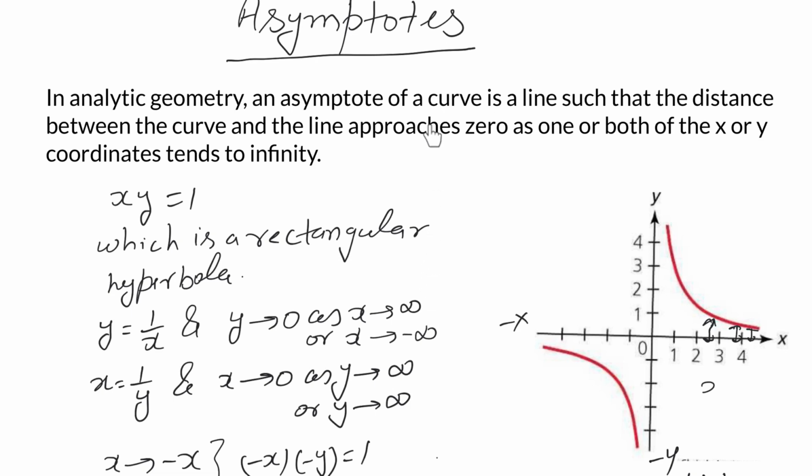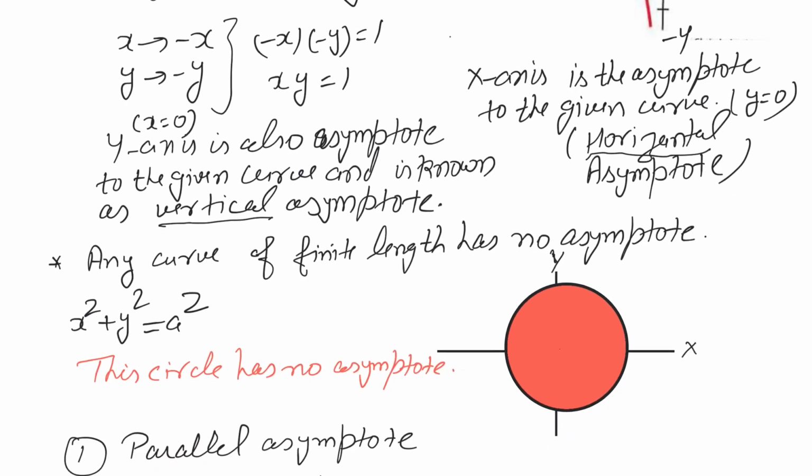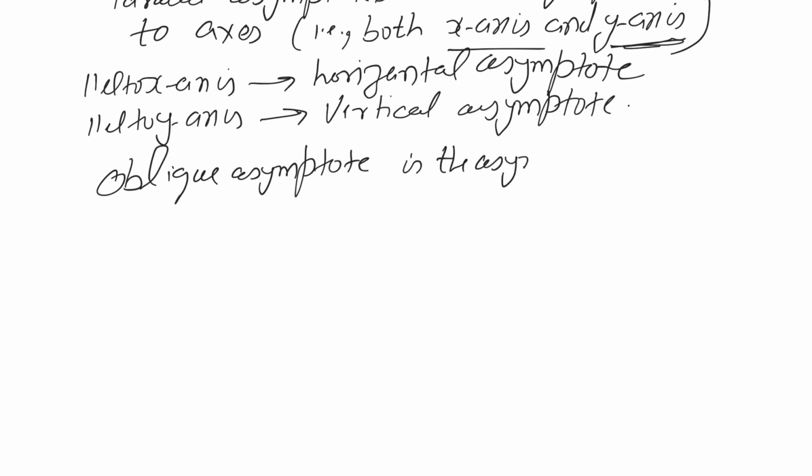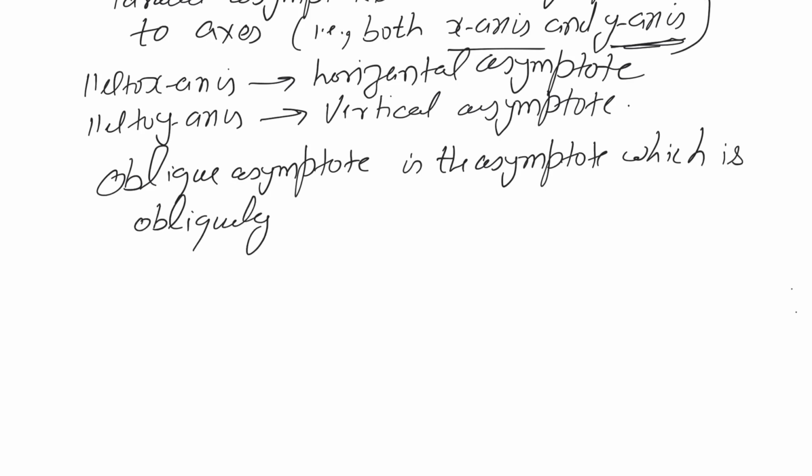Now next we shall see what is the oblique asymptote. Oblique asymptote is the asymptote which is obliquely, meaning having an angle between 0 and 90 degrees, obliquely inclined with the axis.